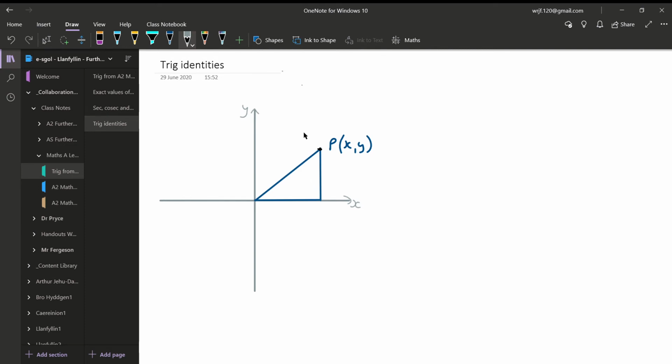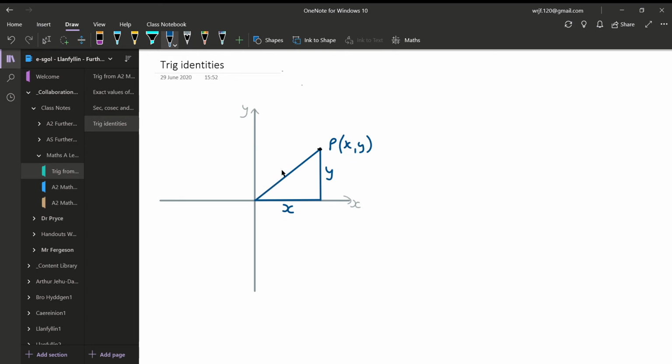So with that information, we can see that the base of this triangle is going to have length x, whatever the x coordinate of the point P is, and the height of the right-angled triangle is going to be y, whatever the y coordinate of the point P is.